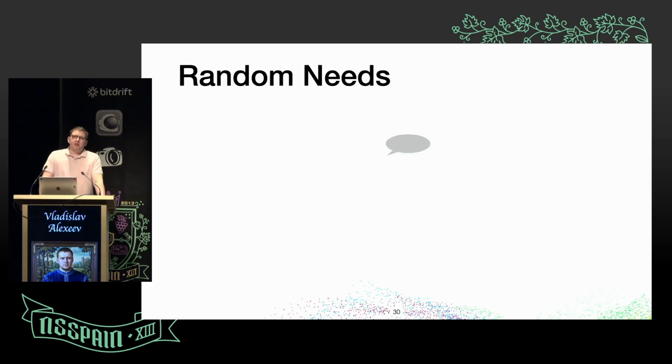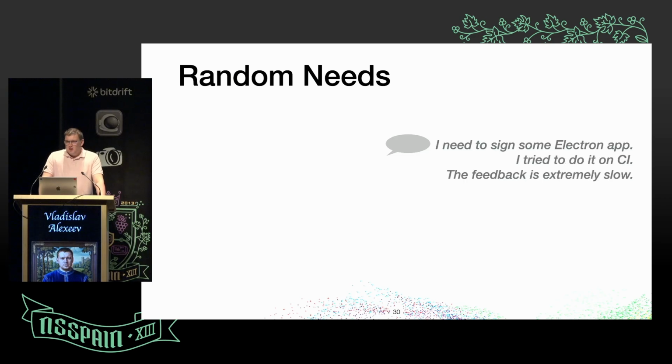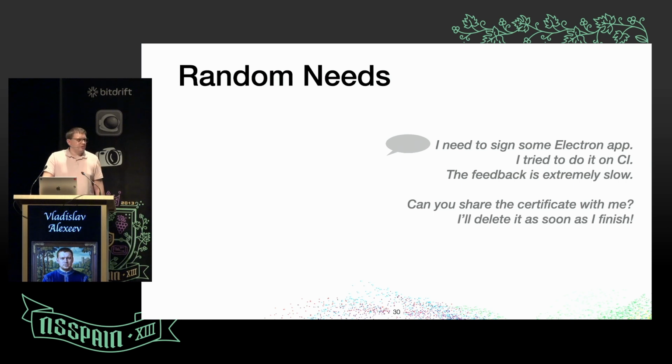And there could be some random questions from random people in the organization, coming to you like, hey, I need the private key. I need to sign some app, it's super hard to debug, the code signing doesn't work. Give it to me, I'll debug it on my laptop, I'll delete it afterwards, I promise. So it brings some questions, right? Are you sure the developer machine is not compromised already?